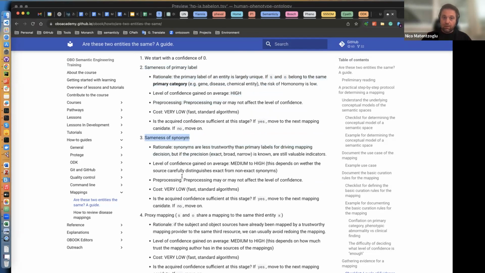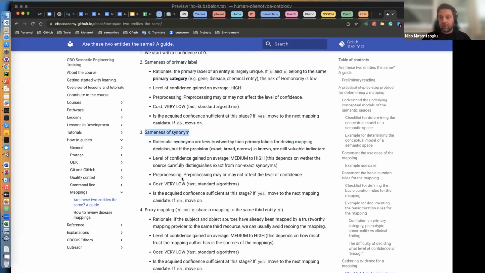Okay, so you have sameness of synonyms. This is the next step. Here you say, okay, synonyms are a little bit less trustworthy than primary labels, and in some resources you don't really distinguish between exact, broad, and narrow. They are much less trustworthy than matches on the primary label, but they are still very valuable indicators.